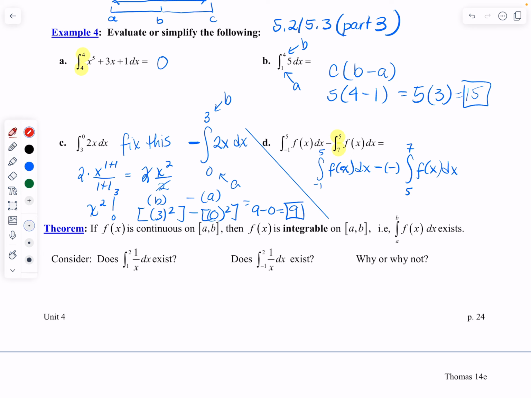Whoops, let me fix that. I'm going to have a positive in between the two, and now I can put them together. So I'm going to integrate from -1 to 7 of f of x dx. Okay, that had a little bit of work to do.